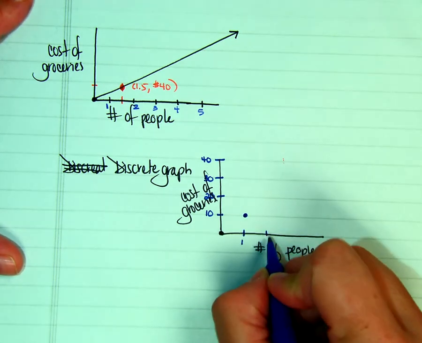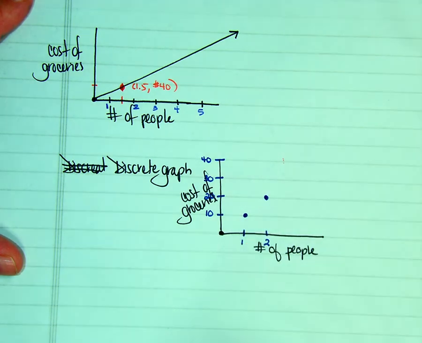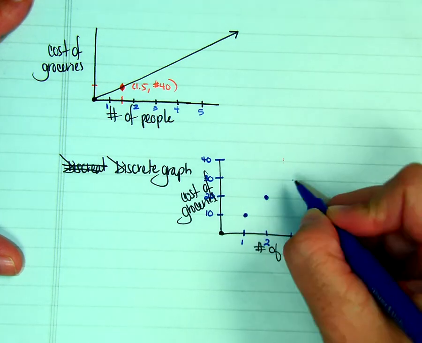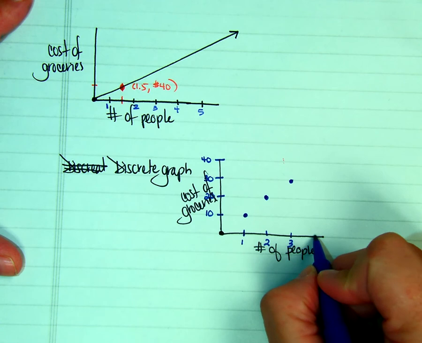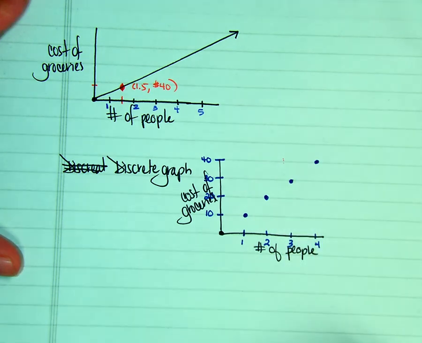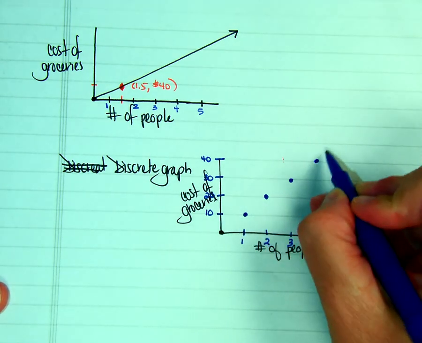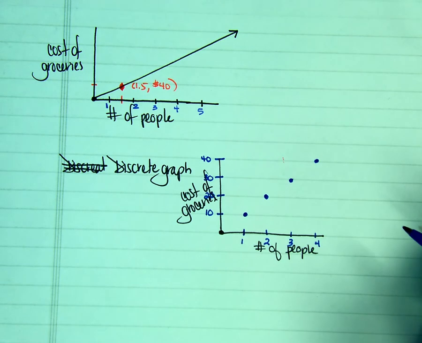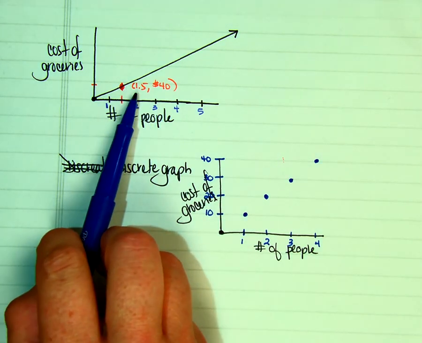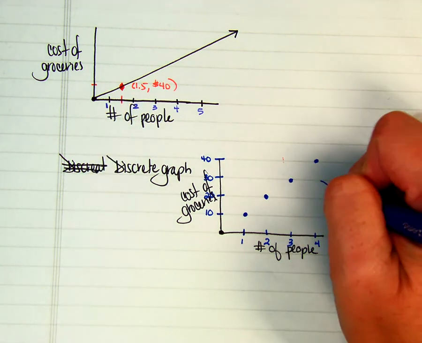If I have two people, let's say it costs $20. And three people, we'll say $30. And four people, we'll say $40. This is a situation when we would not, quote unquote, connect the dots or draw a line through those because, like we talked about up here, you're not going to have 1.5 people or 1.8 people. So this is called a discrete graph.